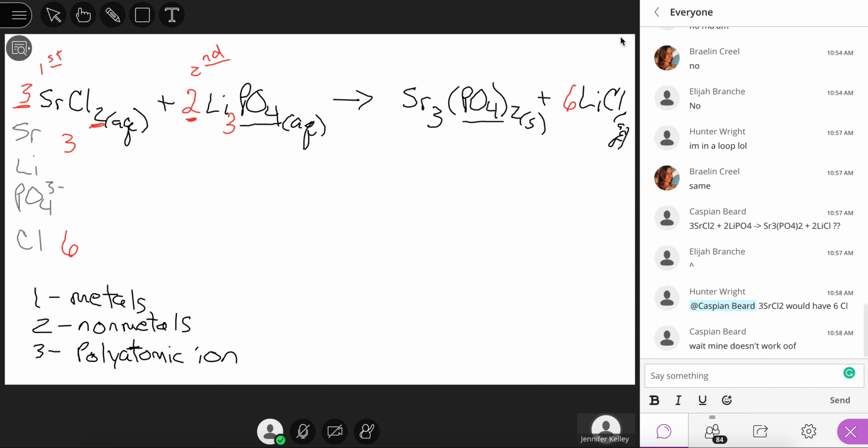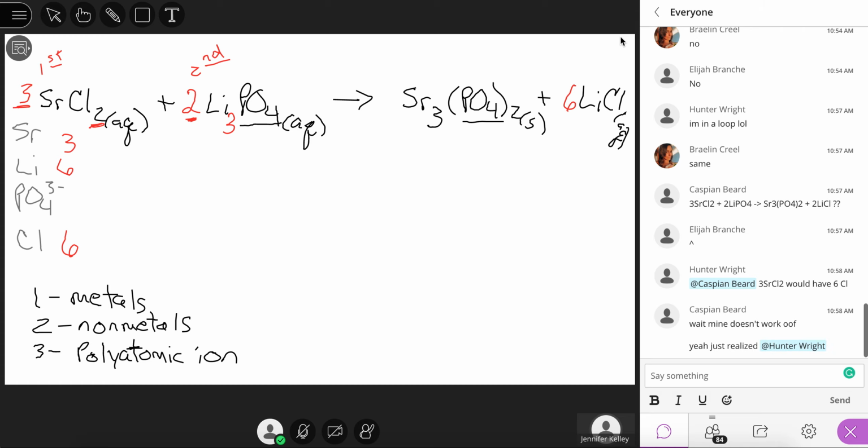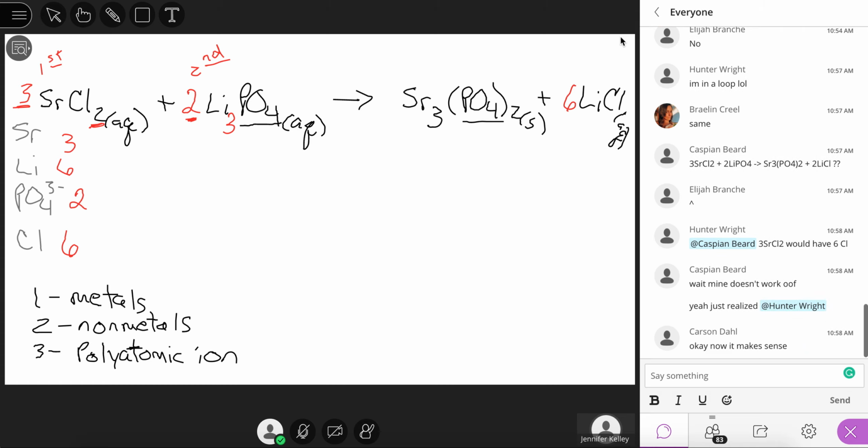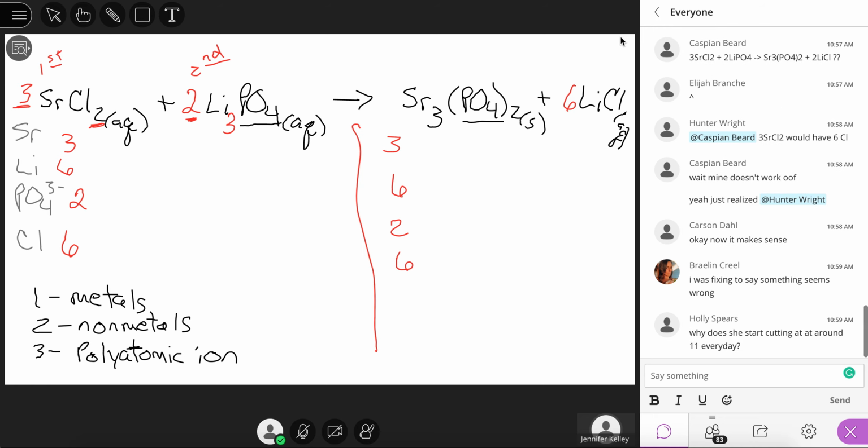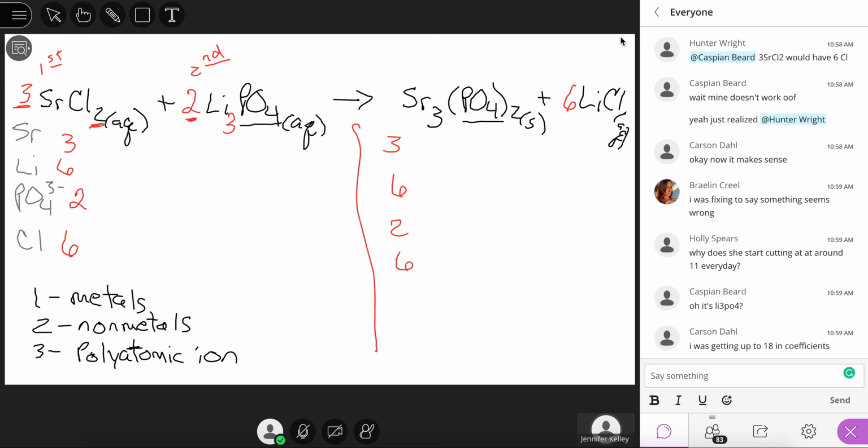Okay, so we have 6 lithium on the left, and then you have phosphate. Okay, so on the right, I have 3 strontium, 2 phosphate, 6 lithium, and 6 chlorine. So that's 6.